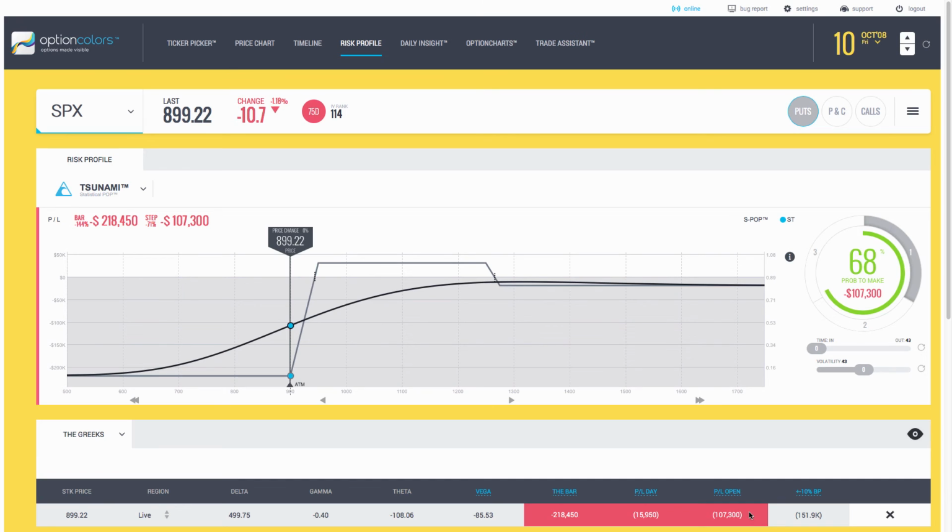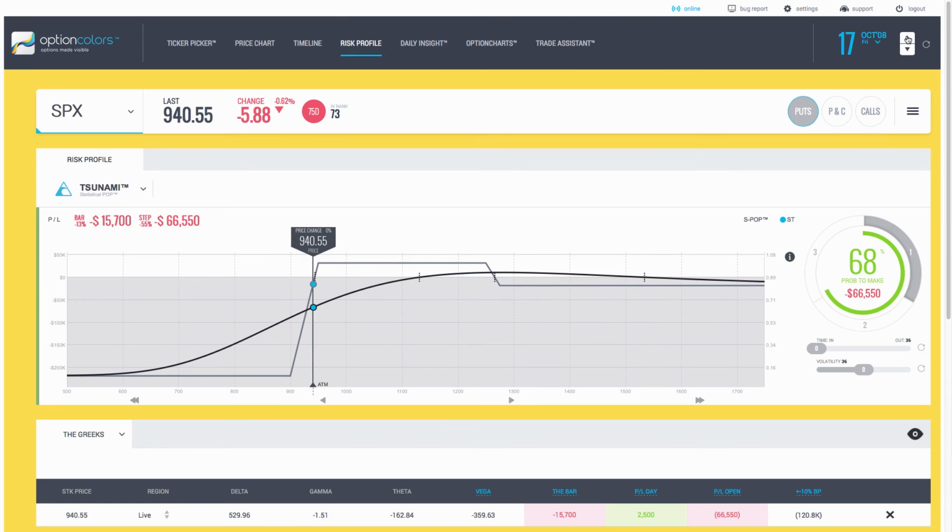Again, you started with an initial margin of only 10,000, and now just after 2 weeks, this trade is down 10 times your initial margin. Your margin has also increased to 151,000. Again, that's 15 times your initial margin. So an increase in margin of 1,500% in just a couple of weeks.